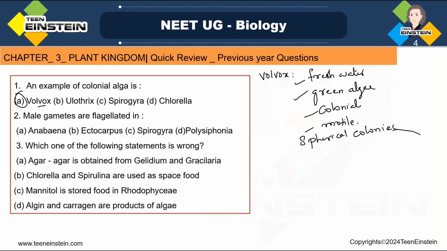Clear? Second question: male gametes are flagellated in which of the options: Anabaena, Ectocarpus, Spirogyra, Polysiphonia. These are all exact direct questions. Male gametes being flagellated means they can move.